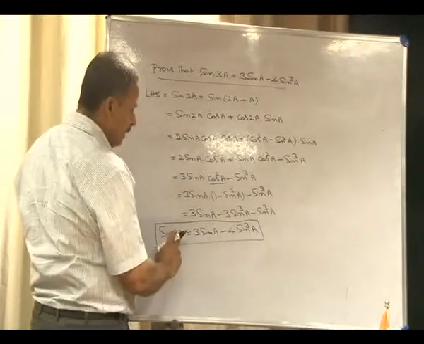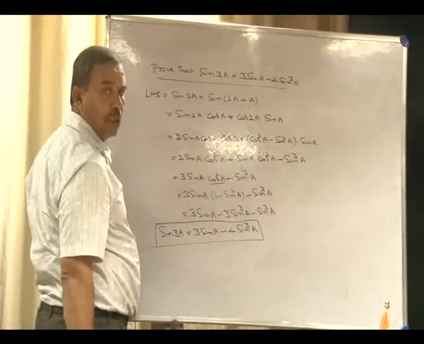So the formula for sin 3A is 3 sin A minus 4 sin cube A.